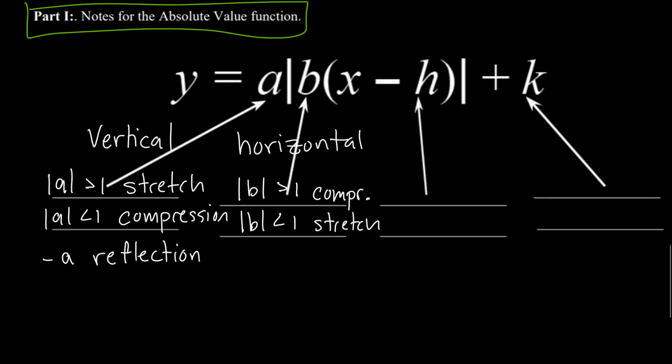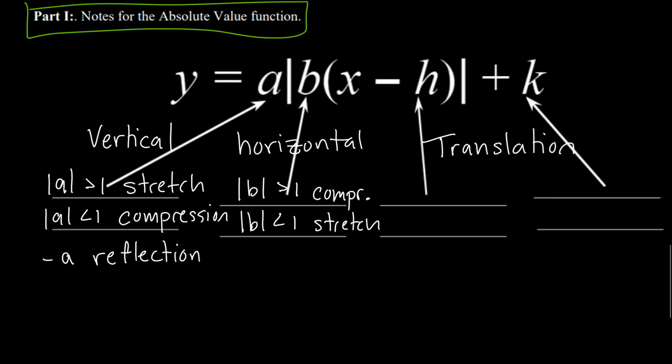Did it change the slope? H changed the x, and K changed the y. Right. Or what is a geometry term for sliding something on a graph? Translation. Both of these are translations. The H is backwards.